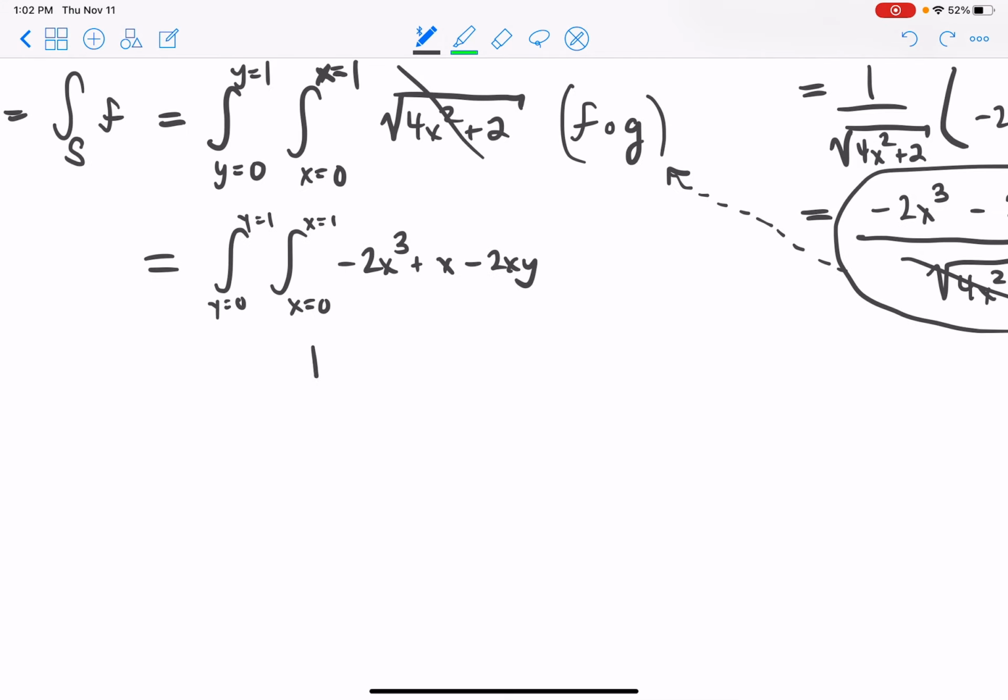Okay, so now what's h of x? It should be x to the 4th over 4, and the minus 2 hangs around. X becomes x squared over 2. Minus 2xy becomes minus 2 x squared y over 2.